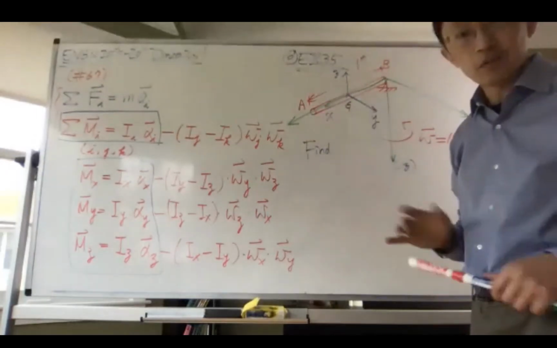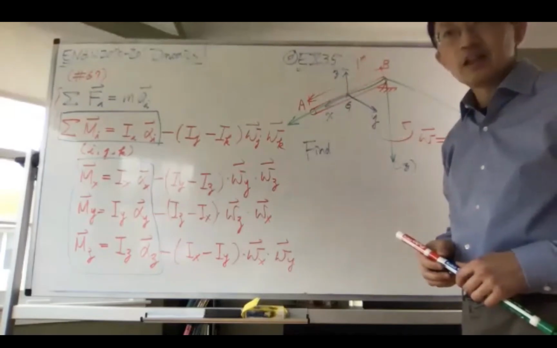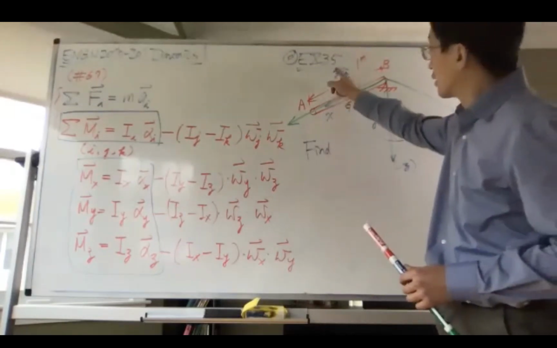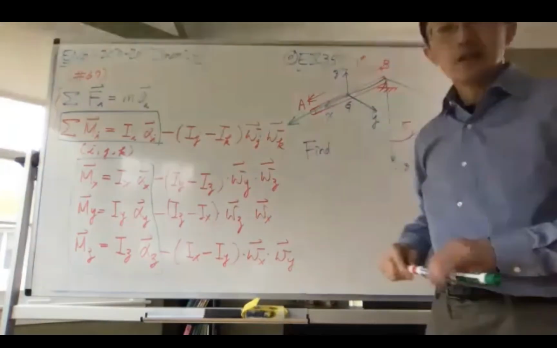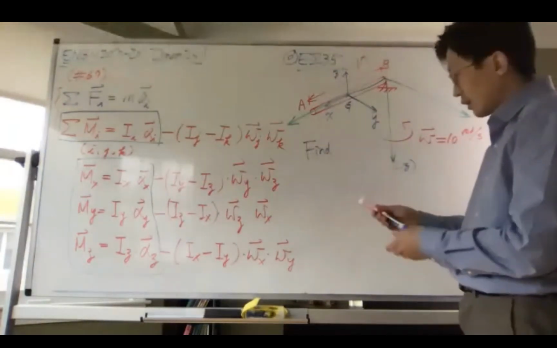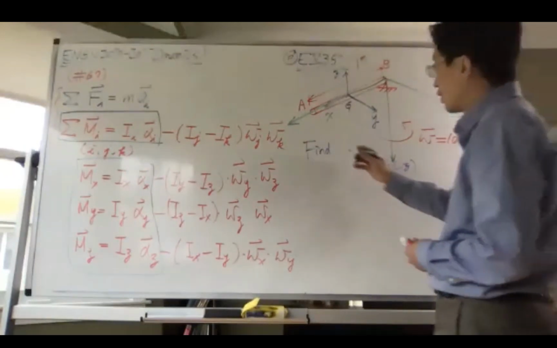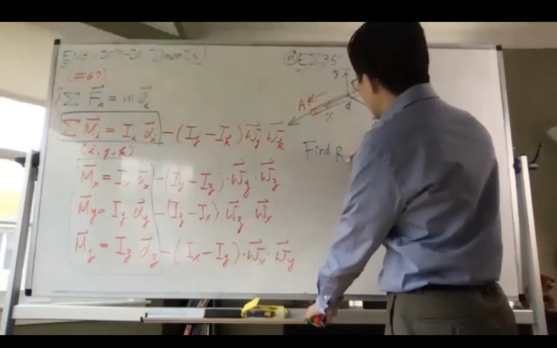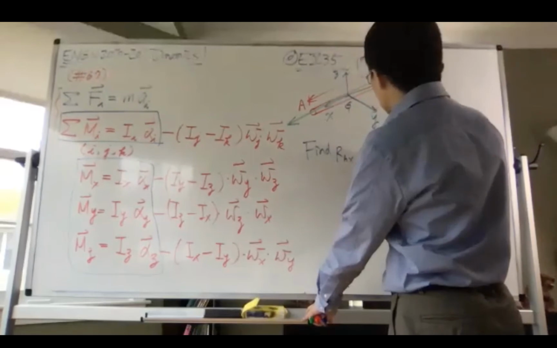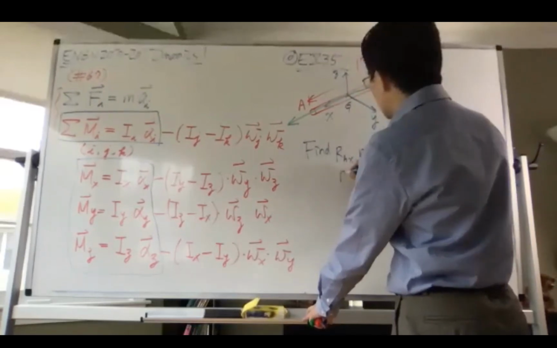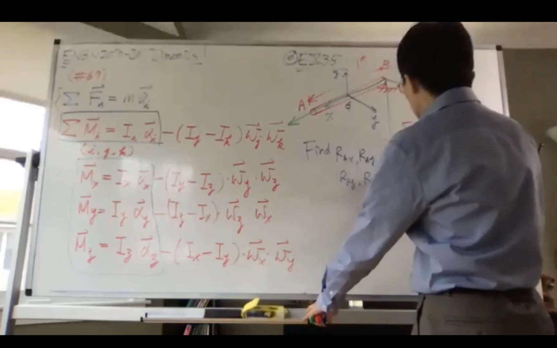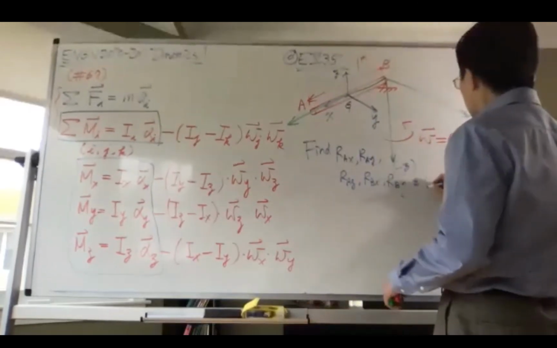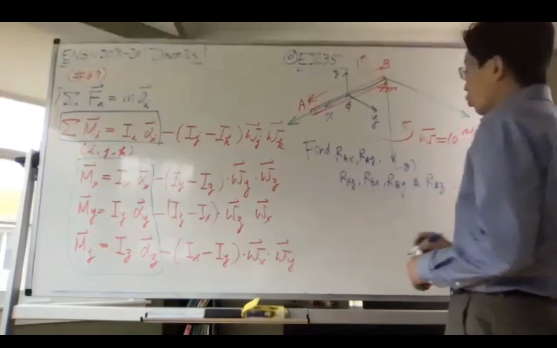Reactions means forces. And the forces, of course, must be in all three different directions, just like we defined here. So the question is, find the reactions. You can call them RAX, RAY, RAZ, RBX, RBY, and RBZ.